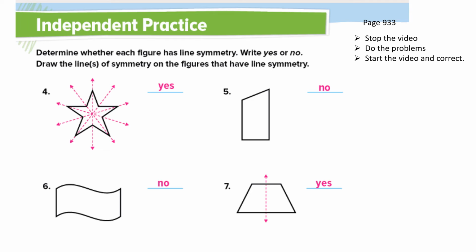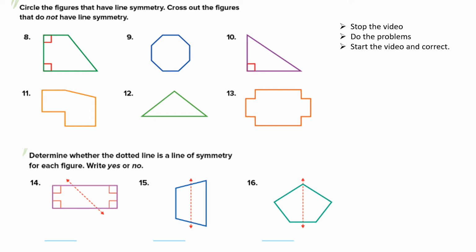And if you weren't sure, then think about folding it on that line and see if they're exactly the same on both sides. Continuing on that page, I'd like you to do all from 8 to 16 and then start the video again and correct.